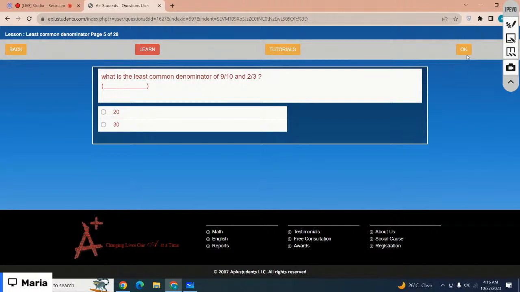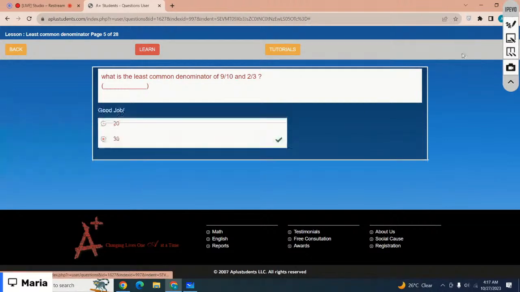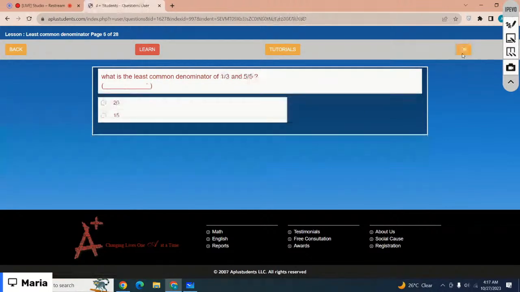What is the least common denominator of 9 by 10 and 2 by 3, which is the correct option? The correct option is 30. The least common denominator of 9 by 10 and 2 by 3 is 30.